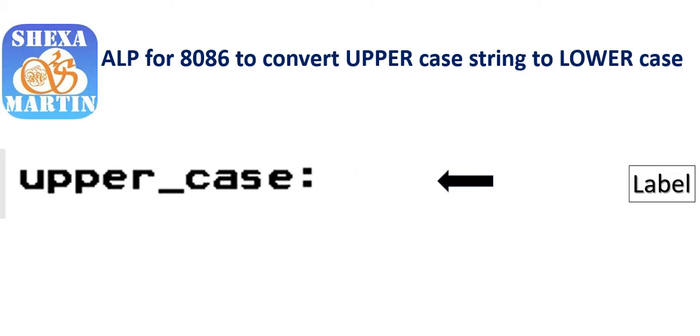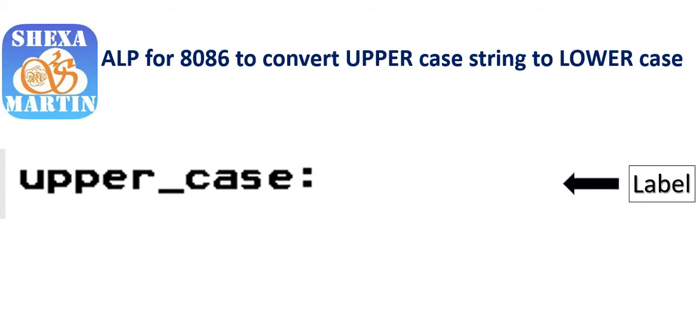If we haven't reached the last character of our string, we get the next character in our string, and we check whether it's uppercase or lowercase. If we are converting to uppercase and it's lowercase, we convert it to uppercase. But if we are converting to lowercase and it's uppercase, we convert it to lowercase.